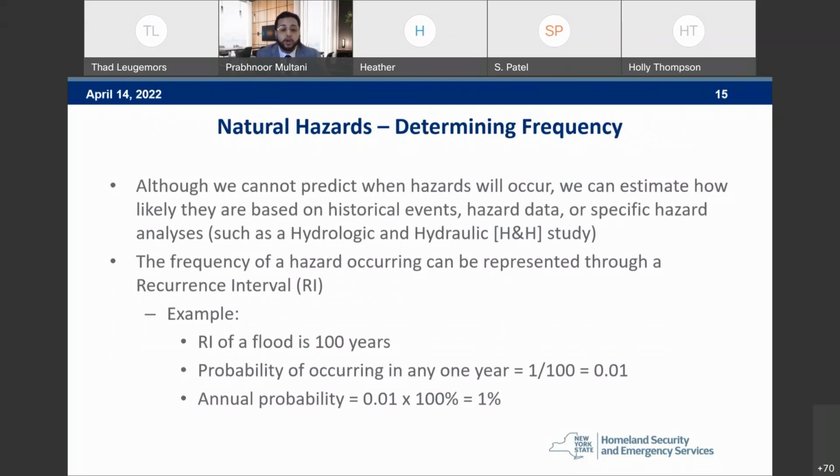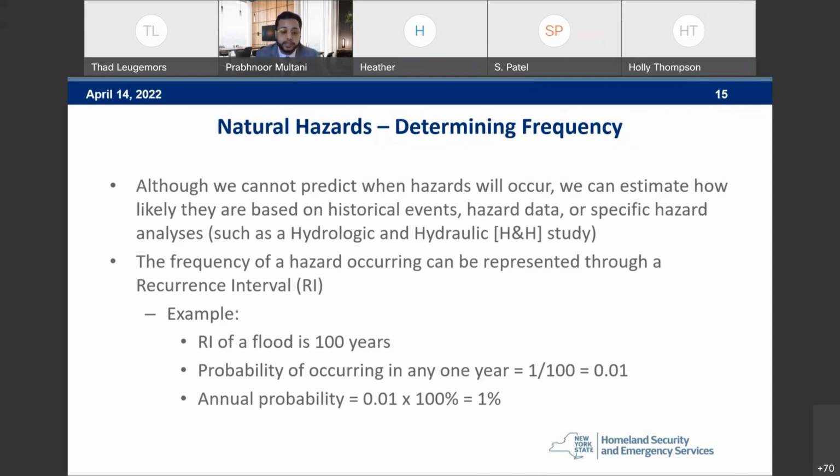Determining frequency. Although we cannot predict when hazards will occur, we can estimate how likely they are based on historical events, hazard data, or specific hazard analysis, such as a hydrologic and hydraulic study, also known as an H&H. The frequency of a hazard occurring can be represented through a recurrence interval.